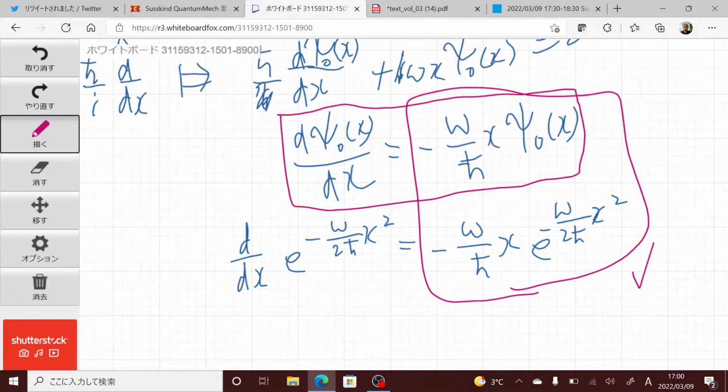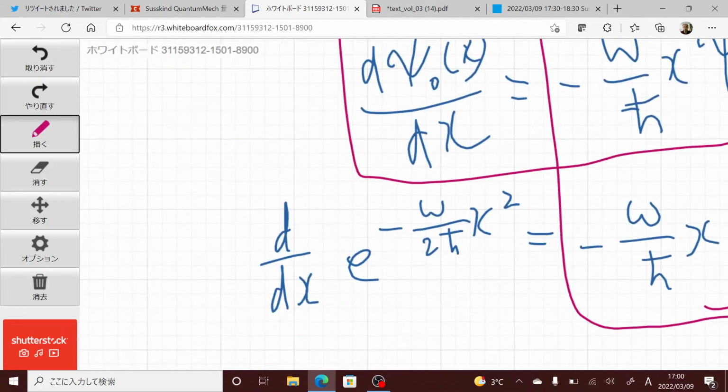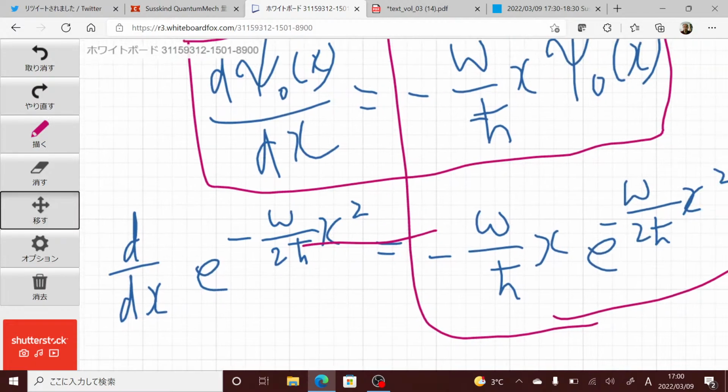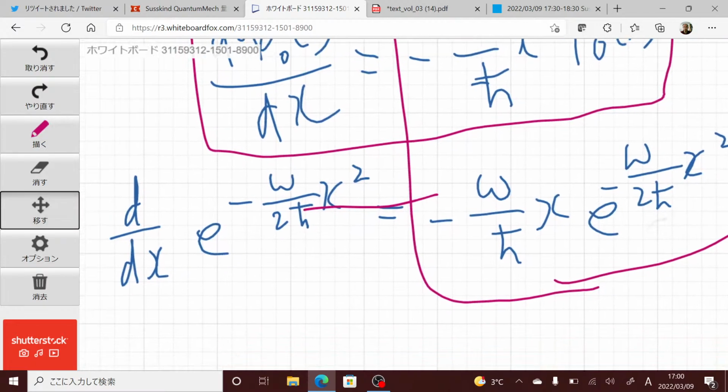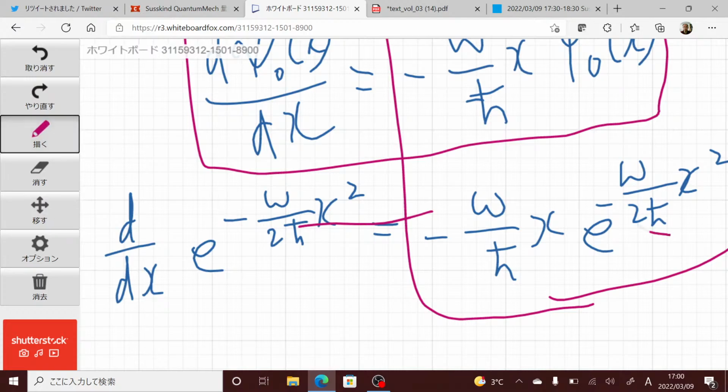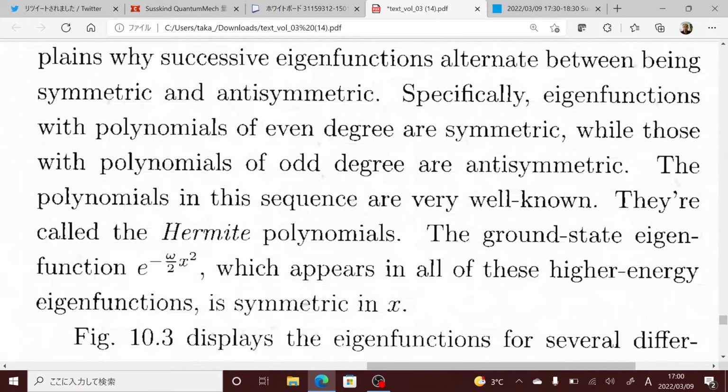There is an h bar, I think; the more correct definition has h bar. The ground state eigenfunction, which appears in all of these higher energy eigenfunctions, is symmetric in x.